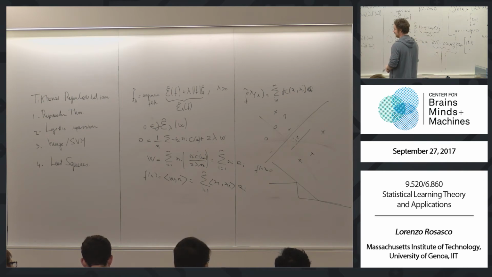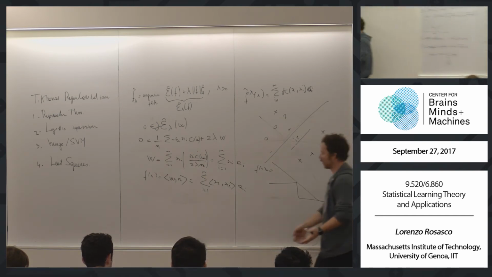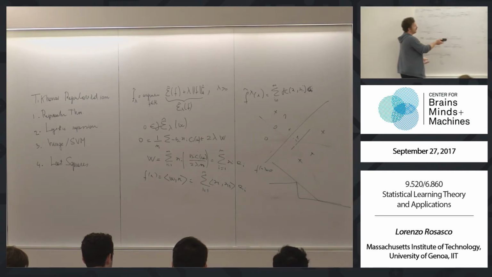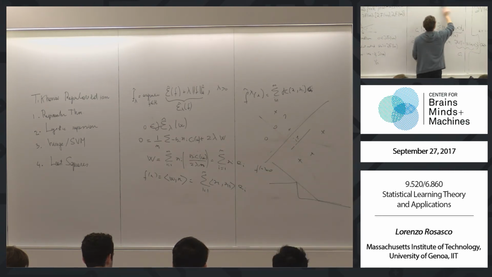Let's see, what should I delete? We're basically done, because all I want to do now is to pick one element of the subgradient and write it down. And the cute thing is that you get something that is similar to what is called the perceptron.